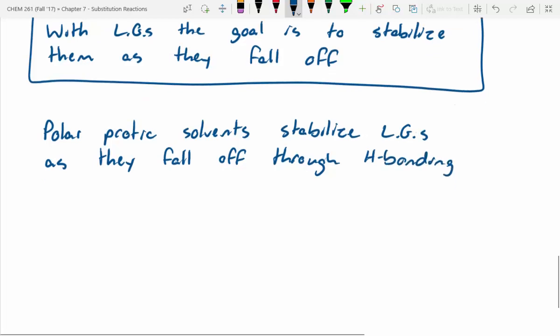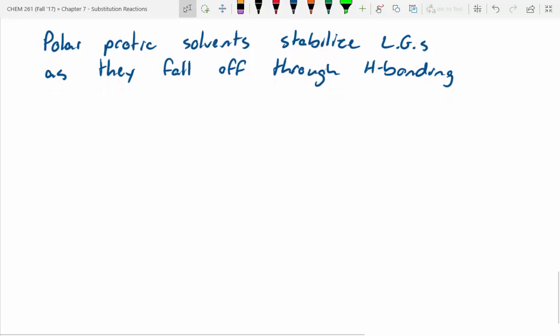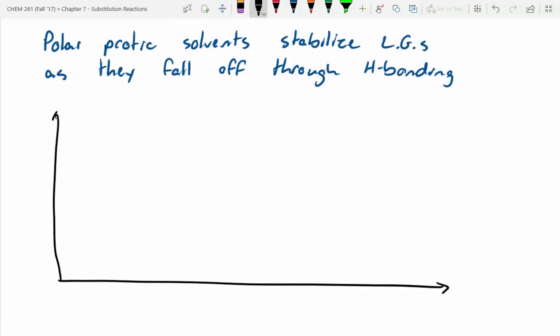All right, so let's do a little pictorial for this. I'm going to do a reaction coordinate diagram because I like those. So I'll put reaction progress here. We know that leaving groups matter a lot with SN1 reactions, so I'm going to do an example SN1 reaction where I've got a leaving group on a tertiary carbon, so it's not going to do SN2.